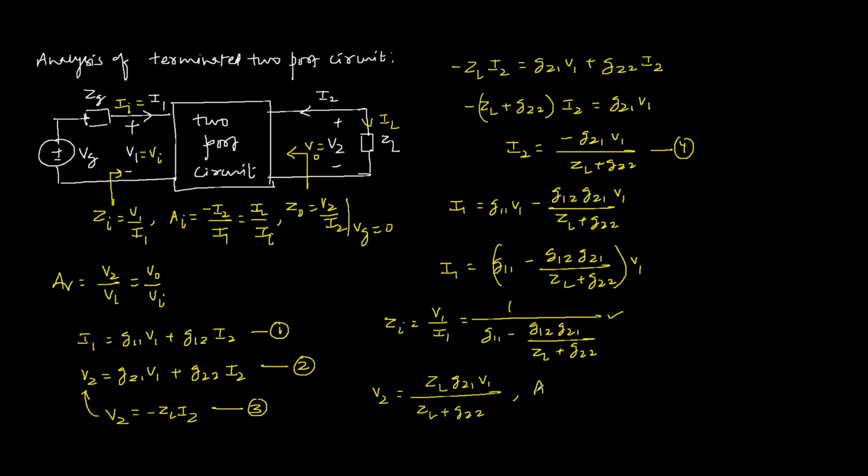This will give AV, which is V2 over V1, and it is ZL G21 over ZL plus G22. This is the expression for voltage gain.